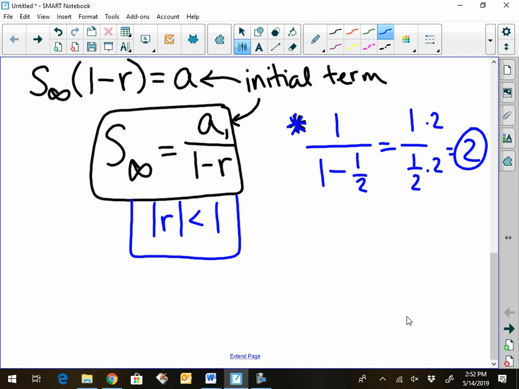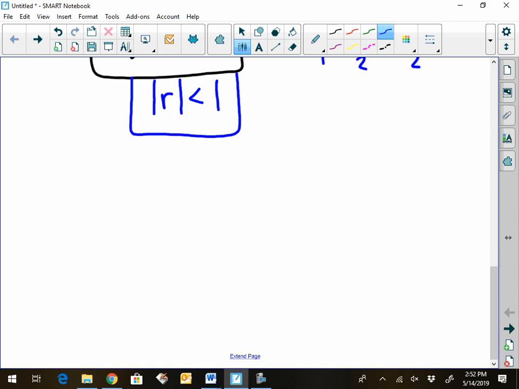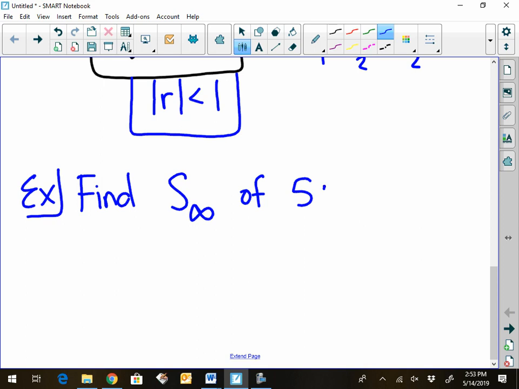So let's try another example. Find s sub infinity of 5 plus 3 plus 9/5 plus 27 over 25 plus dot, dot, dot. So 3 dots means that we're going to continue on, right?